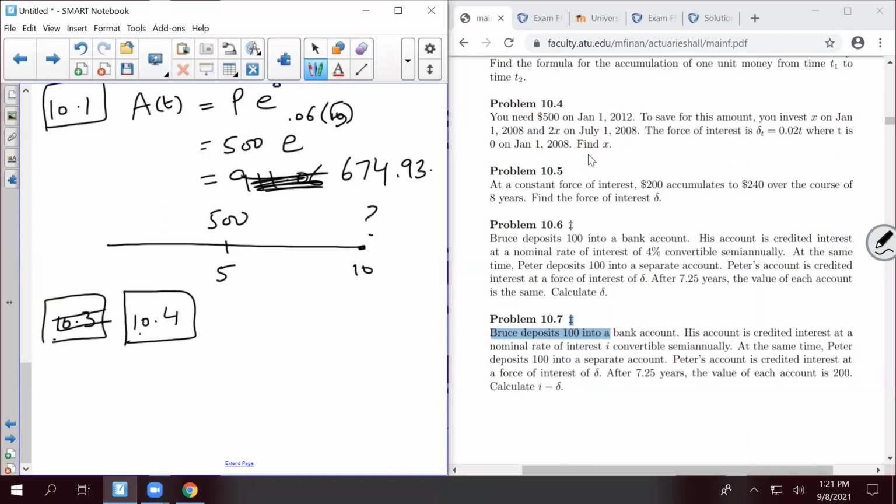You need 500 on January 1, 2012. To save for this amount, you invest X on January 1, 2008 and 2X on July 1, 2008. The force of interest is given as this one on January 1, 2008. Find X. All right, so let's draw the time diagram.